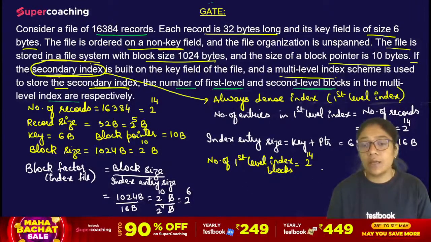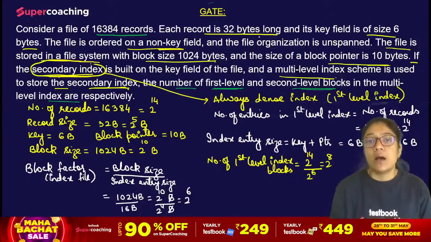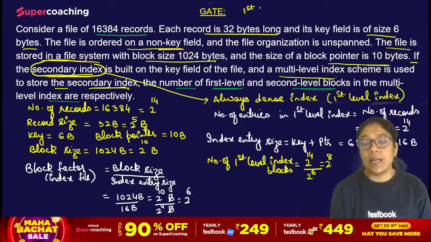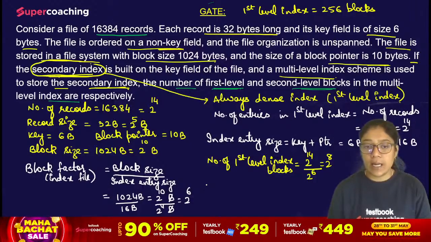How many entries can fit in one block? 2 raised to power 6. So this comes out to be 2 raised to power 8. That means the first level index will contain 256 blocks.